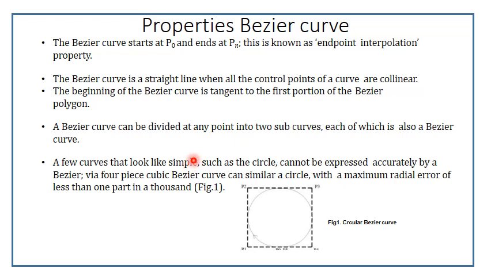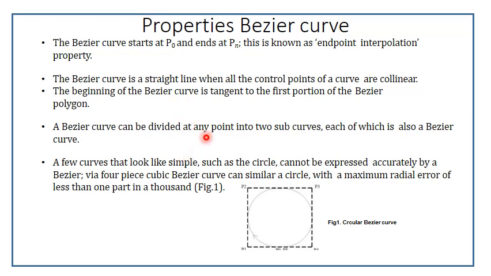Secondly, the Bezier curve is a straight line when all the control points of a curve are collinear. If the control points are collinear, then the curve will be a straight line. And the beginning of the Bezier curve is tangent to the first portion of the Bezier polygon.